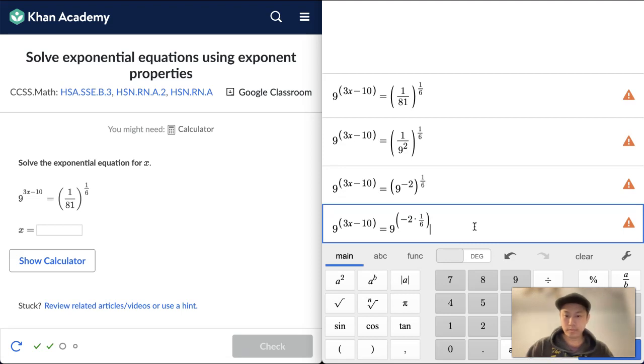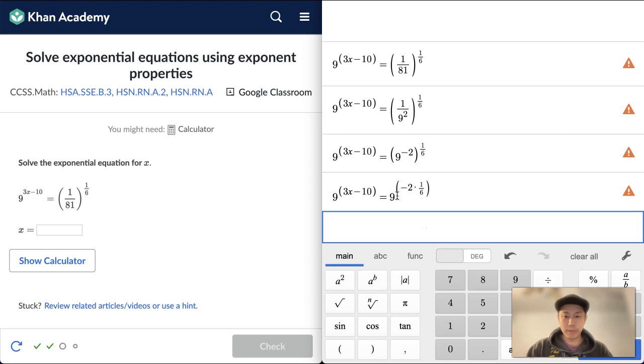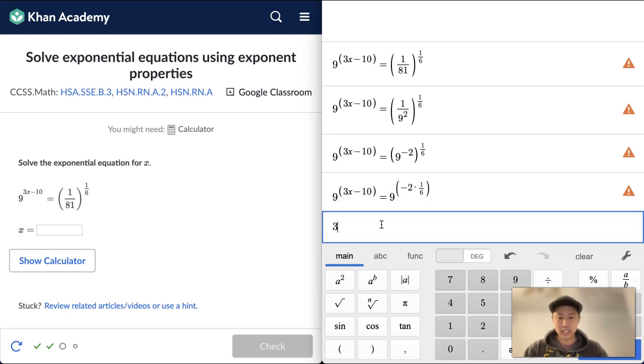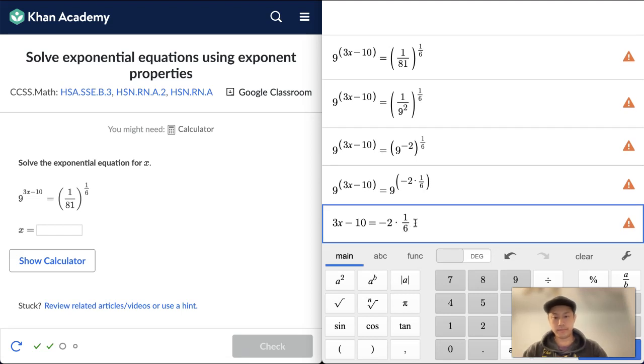Okay? So, same thing, right? I finally successfully got the bases the same. So by logic, I can set the exponents equal. Just like that.